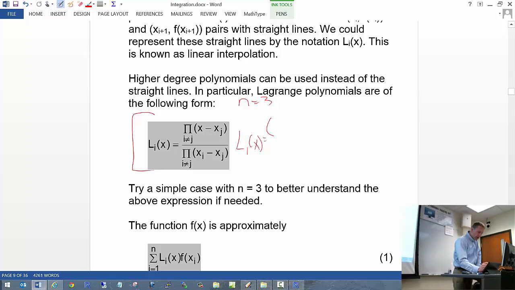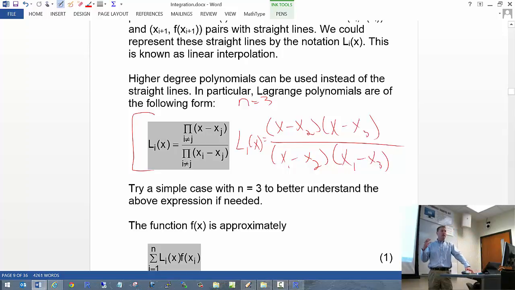What you're doing here is taking x minus x2, x minus x3, all over x1 minus x2, x1 minus x3. These x's are points that you're going to evaluate at. Like getting back to that beta distribution example, x1 could be 0.1, x2 could be 0.3, x3 could be 0.5, for example.